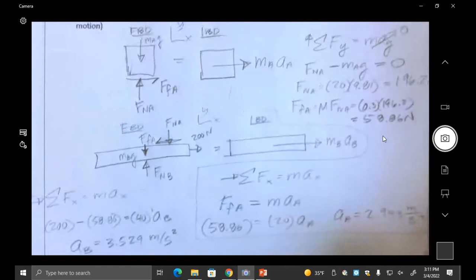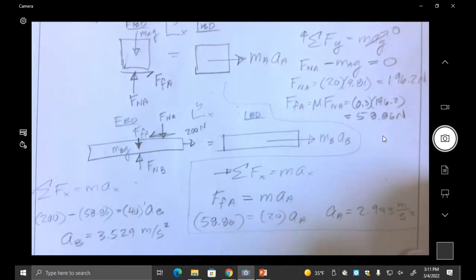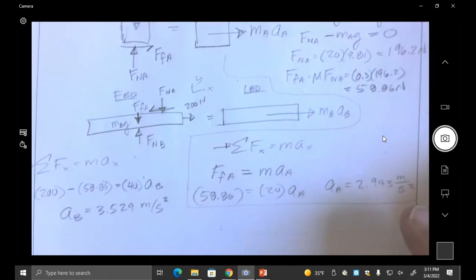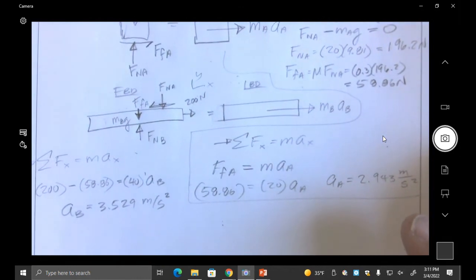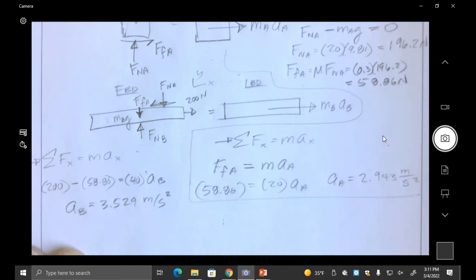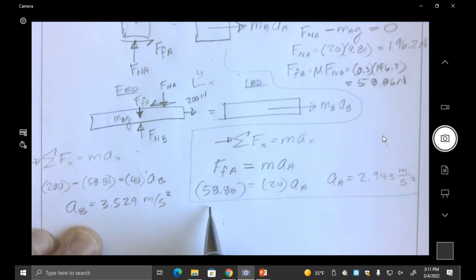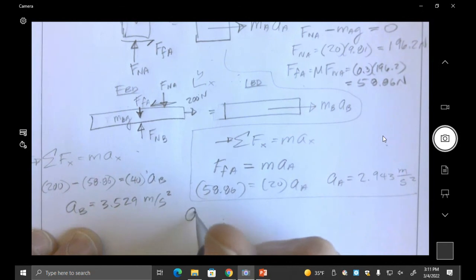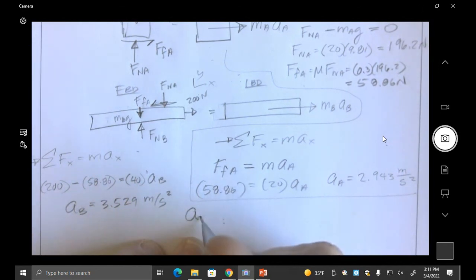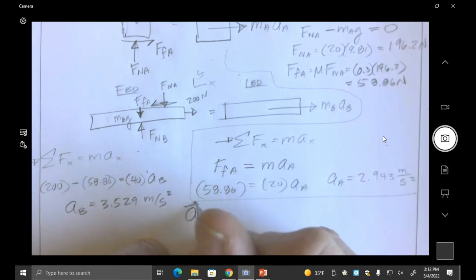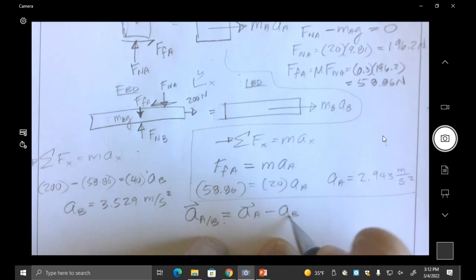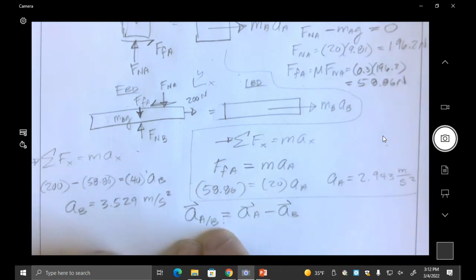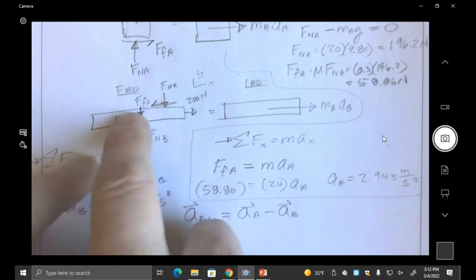And the last part of this was asking how long it will take for block A to slide 2 meters along the sled. Both of these are positive values, but we want the acceleration of A with respect to B. If we write that out as a vector, it's the acceleration of A minus the acceleration of B. This is on the sled, because it's with respect to the sled.